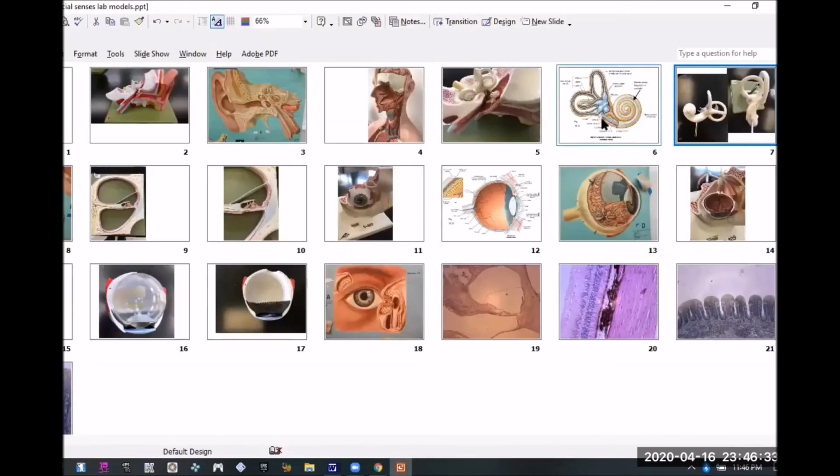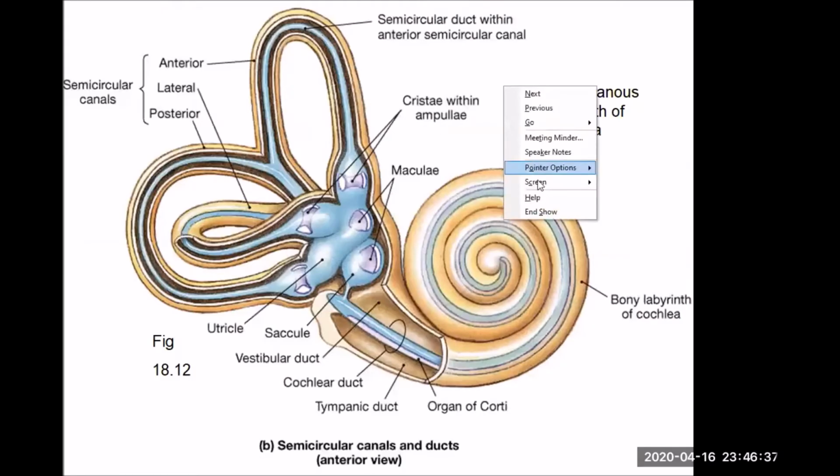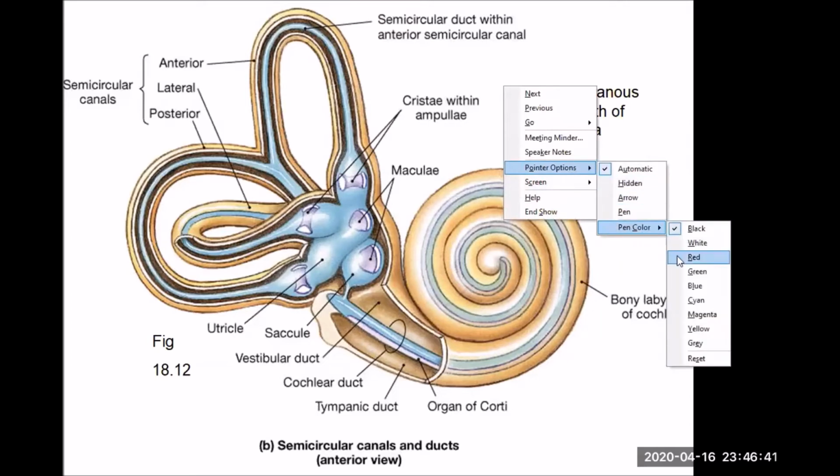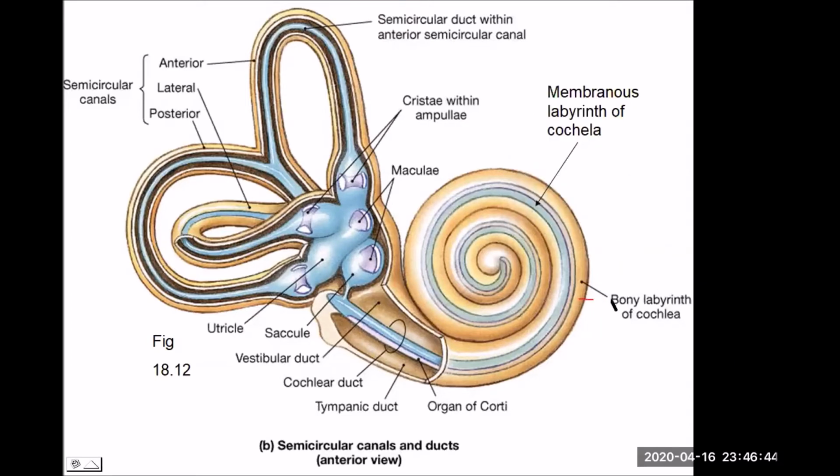So again, let's bring up the figures first. The entire tan area everywhere at the surface of this image is all bony labyrinth. However, when we look specifically at these three loops, the specific name for the external portion of these three loops is semicircular canals.